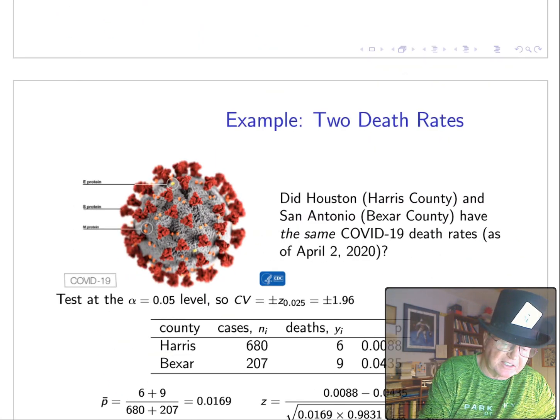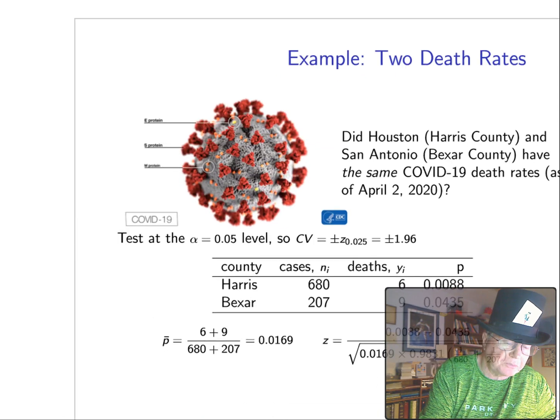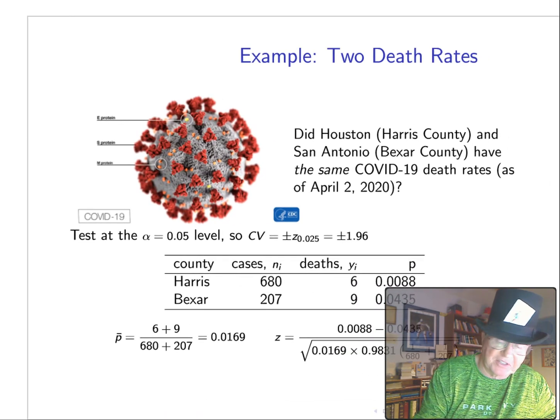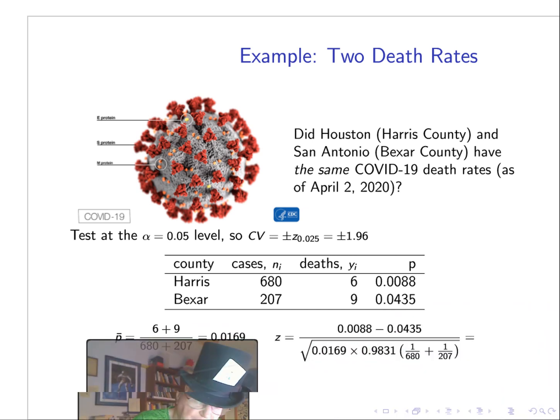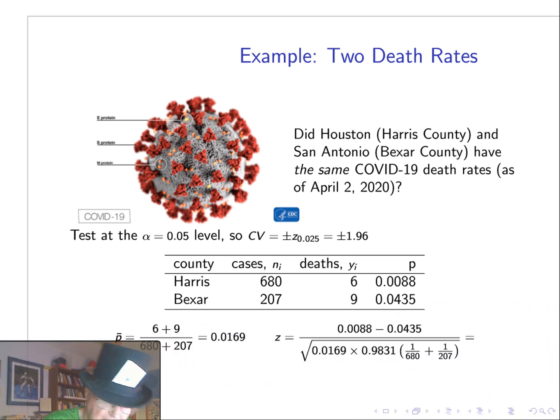So let's look at an example here. We're recording this in the midst of the COVID-19 quarantine, so we've got some interesting numbers to play with. On the 2nd of April, I looked to compare the COVID-19 death rates for Houston and San Antonio.